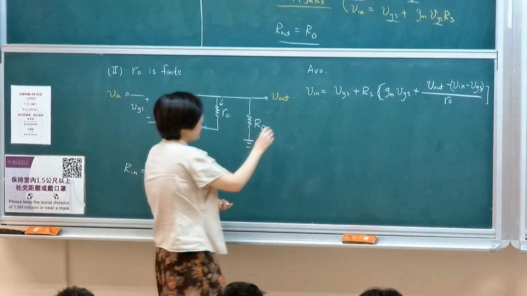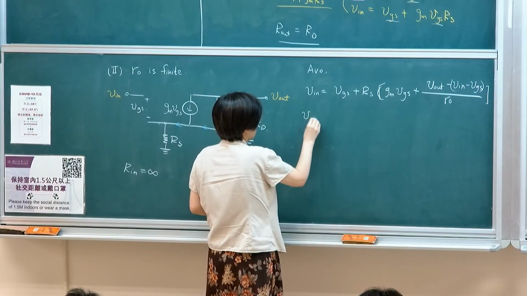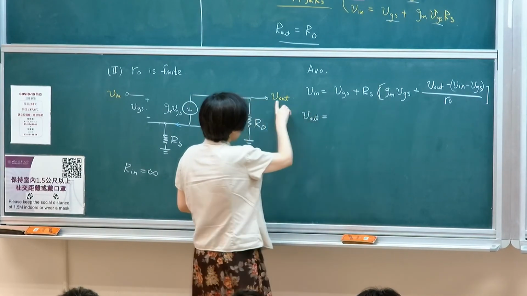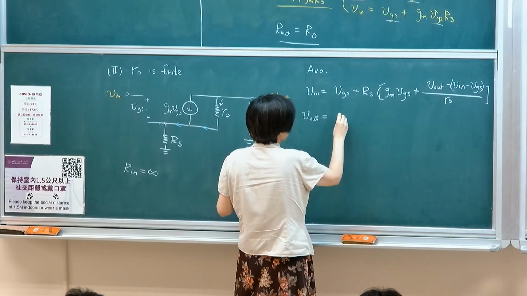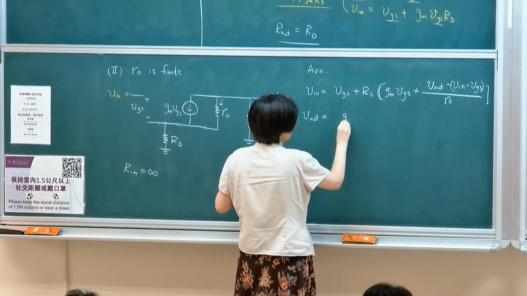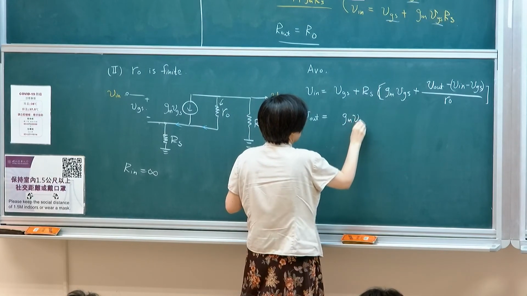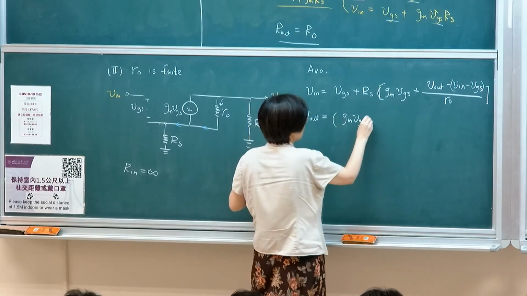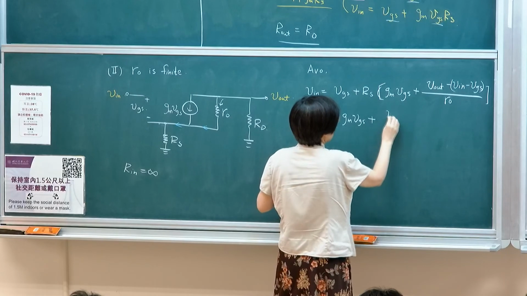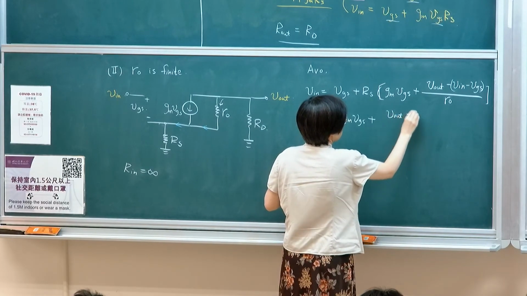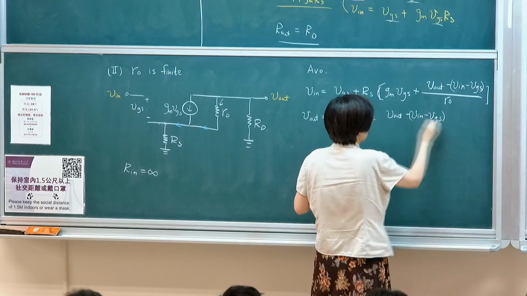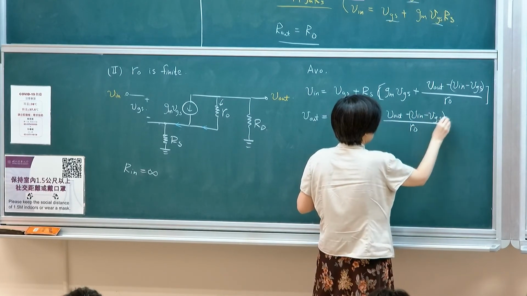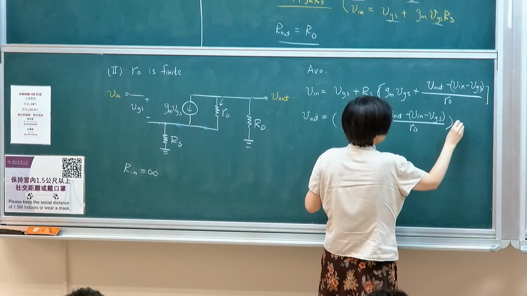And then we can also write down V out. It will be the same thing. V out will be the current, total amount of current, the same amount of current, plus V out minus V in minus VGS over RO, times RD.